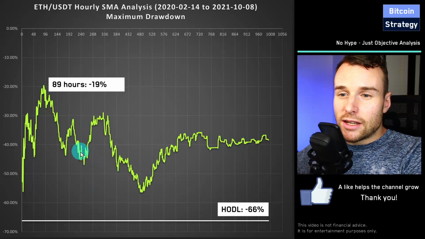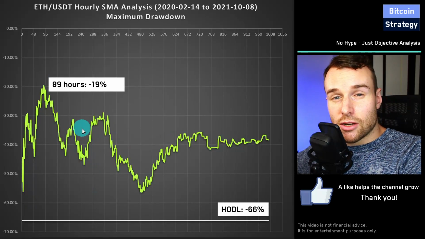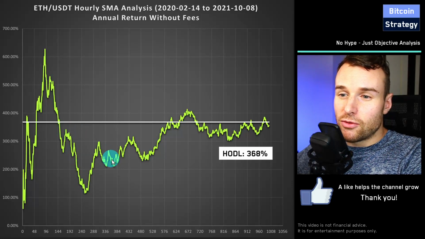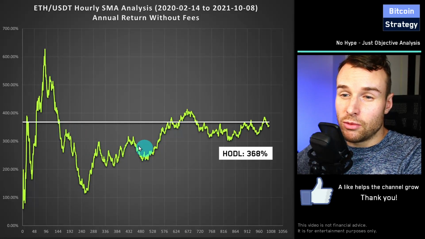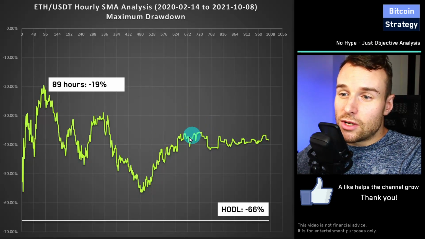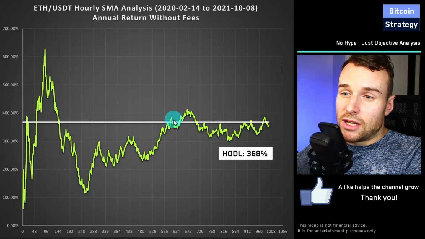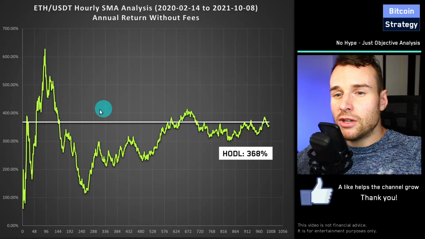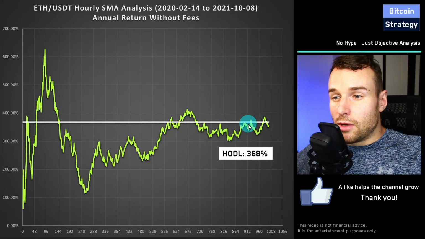So you do get less risk, you do get less of a drawdown from top to bottom, but you also get less performance. And that's obviously not what we want, right? We want to at least match the performance. Reducing the risk is a nice bonus, but we definitely want to match the performance, right? And we can get this with a few moving averages, but not with all of them. We have to be picky.